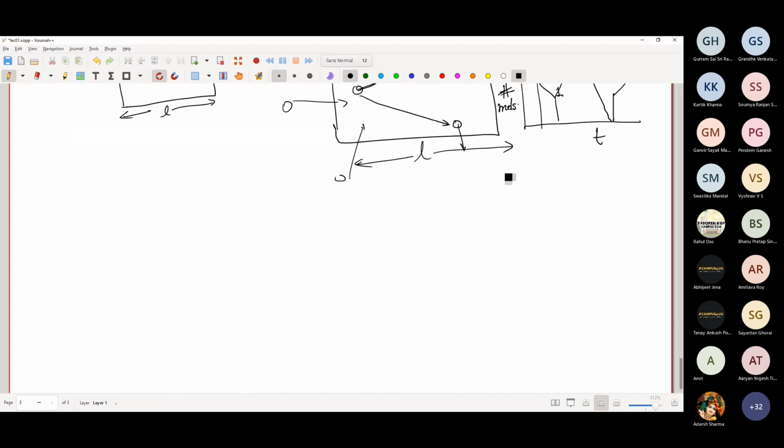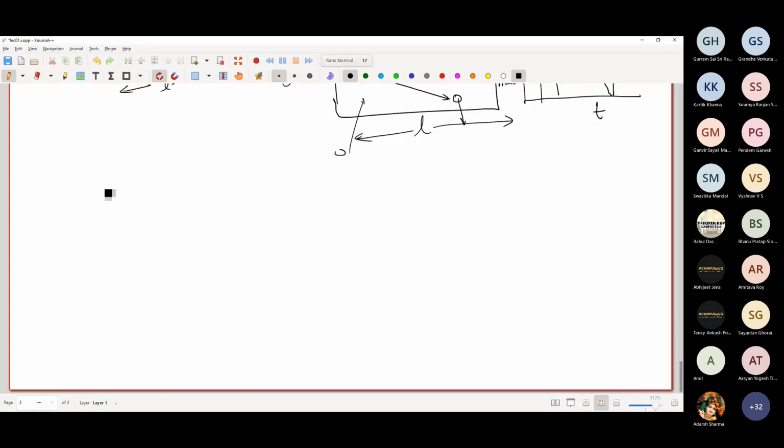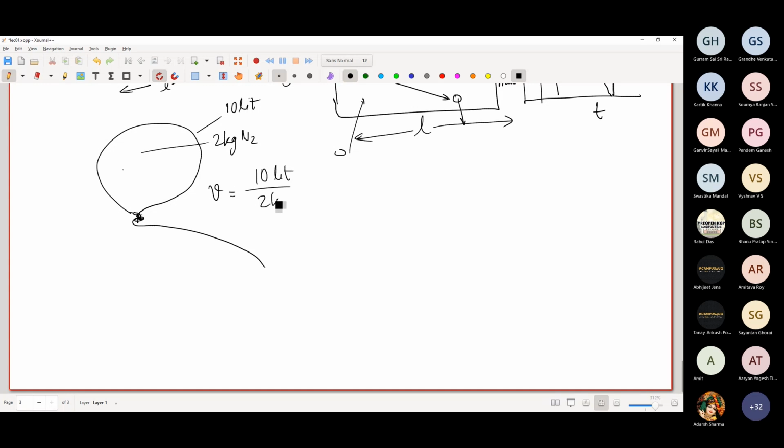For example, you have a balloon, the volume of this balloon is 10 liter, and suppose 2 kg nitrogen is there, then you will say the specific volume is going to be 10 liter over 2 kg.